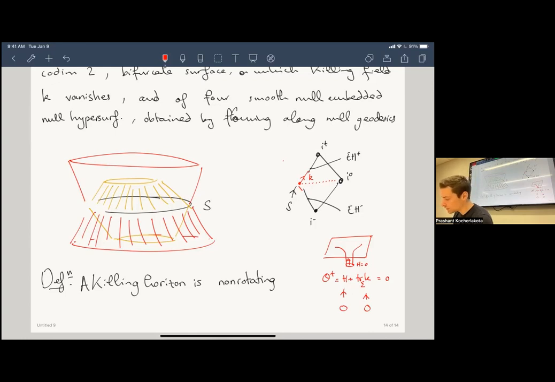A bifurcate surface need not be a marginally outer trapped surface, because you can have h non-zero. This thing could be non-zero. In that sense, even if this is 0, this thing could be non-zero. Does that clarify?